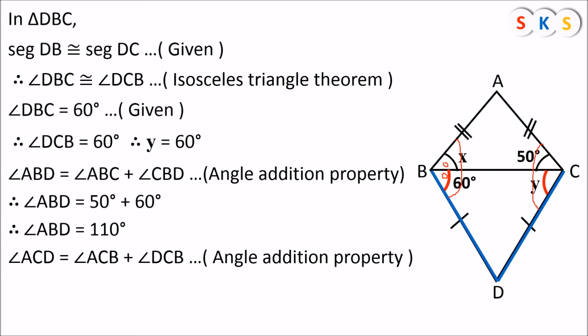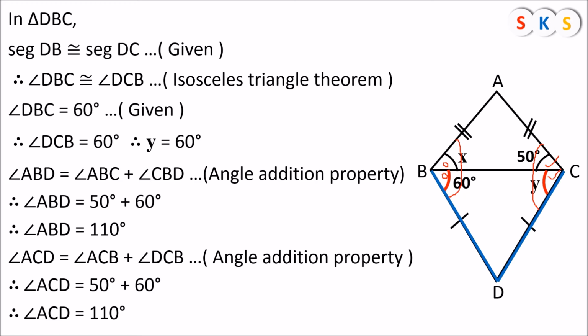Therefore angle ACD equals 50 degrees plus 60 degrees. In place of ACB we write 50, and in place of DCB we write 60. Therefore angle ACD equals 110 degrees. So here we got the value of X, that is 50 degrees, and the value of Y, that is 60 degrees. Angle ABD is 110 degrees and angle ACD is also 110 degrees.